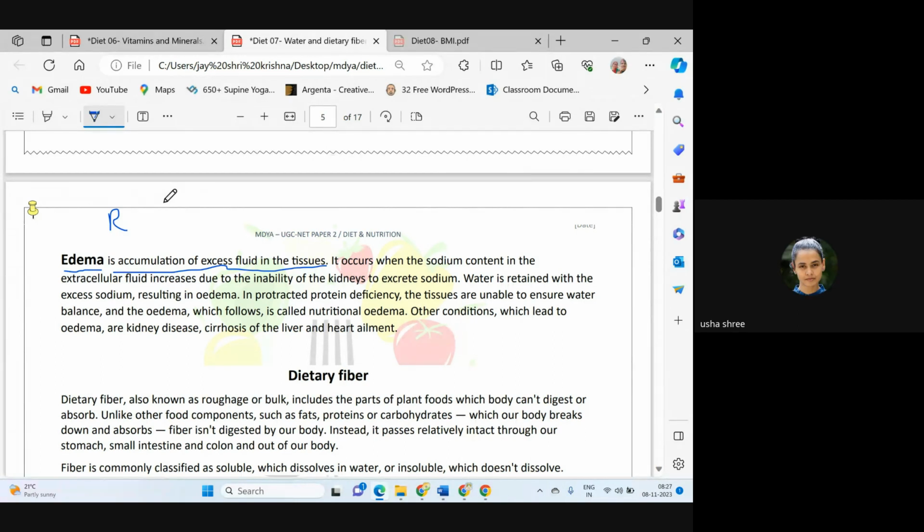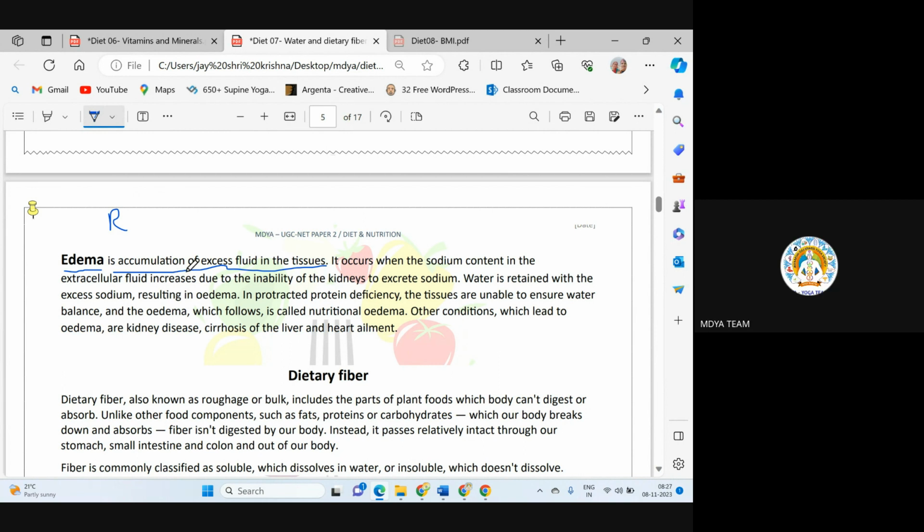Retention of water depends on the osmotic concentration. Three minerals are responsible for holding water: sodium, chloride and potassium. So the first thing you need to do, if any one of you or many people are having this edema or water retention problem, is reduce the intake of salt.